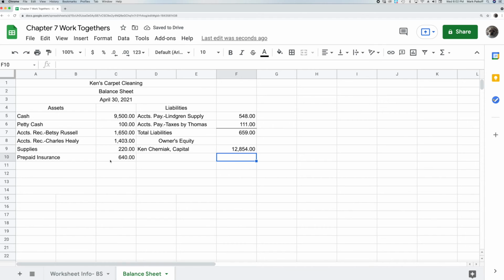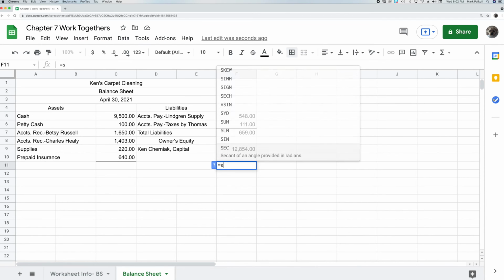Okay, so now if we want our total assets to be on the same line as our total liabilities and owner's equity, we're going to need to leave a blank. So the next thing that we're going to do is draw a single line rule here. And then, using the sum formula, we are going to total our liabilities and owner's equity.